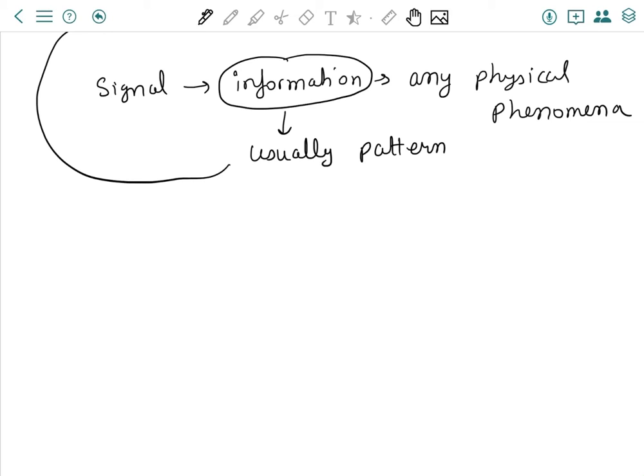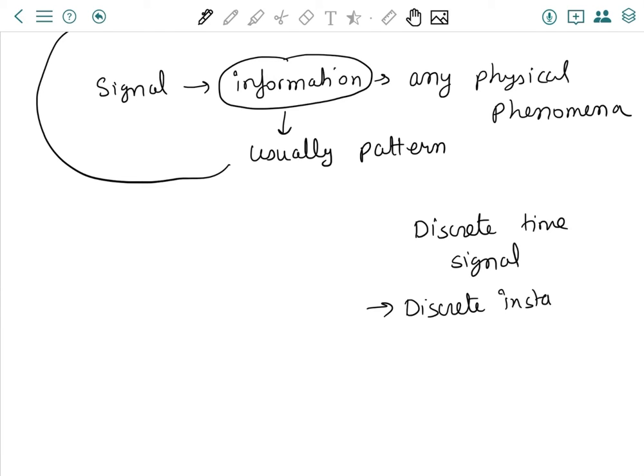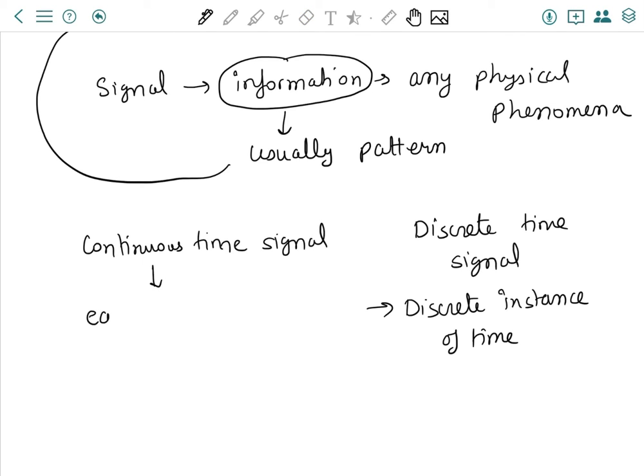The discrete time signal is defined for discrete instances of time, whereas a continuous time signal is defined for each time instance.